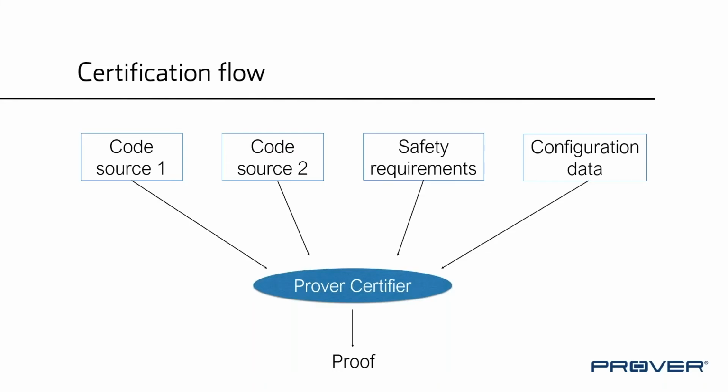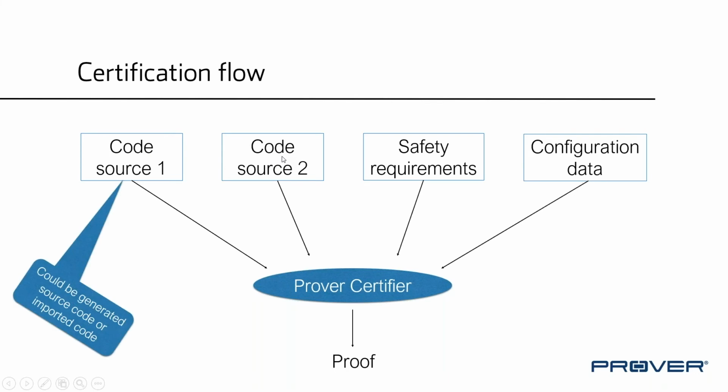The certification flow is like this. We usually use two sources of code. So in this case, it was the C code, and it was the HLL code model dump. The C code could be something generated, like we did today, generated C code, or it could also be imported code. And imported code is used when code has been manually written.